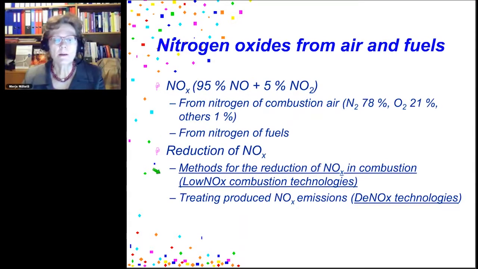All those methods aiming at the reduction of nitrogen oxides in combustion are called LowNOx combustion technologies. There are also so-called DeNOx technologies. They are aiming at cleaning and removing nitrogen oxides emissions when they are produced.